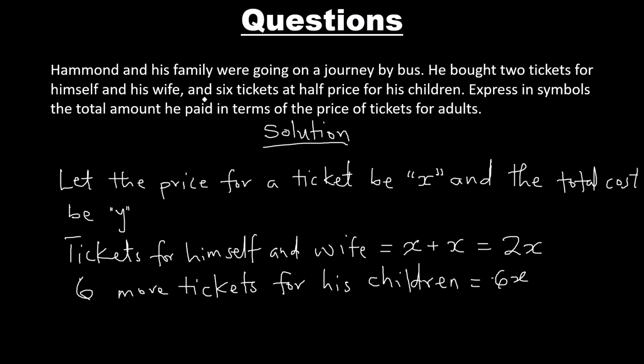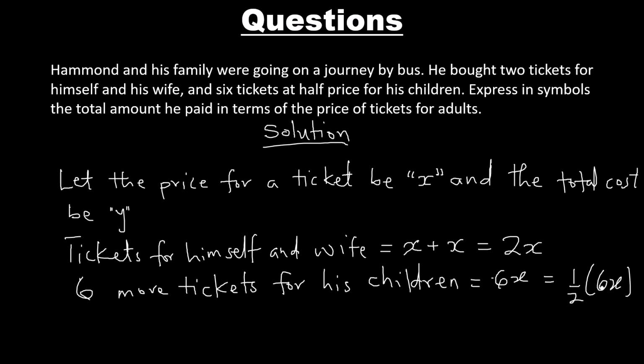But look at this. He bought 6 more tickets at half price for his children. If you remember building algebraic expression, half of something is the thing divided by 2. So the amount he paid for the tickets for his children will be half of what he would have paid.